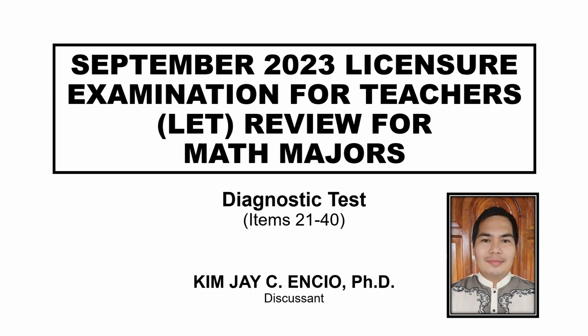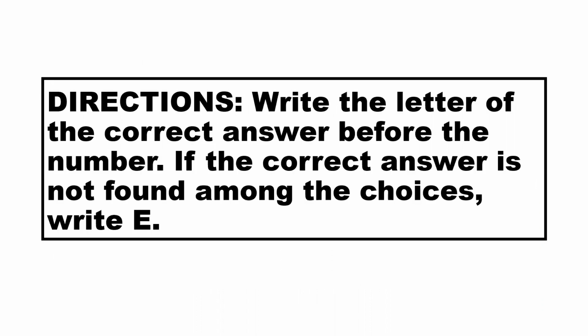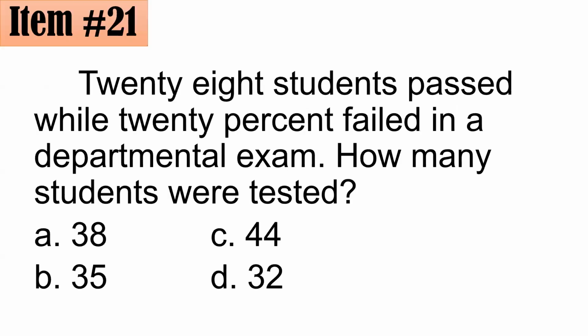Before 21, be reminded that the directions are to write the letter of the correct answer before the number. If the correct answer is not found among the choices, then write E. But for your case, it will translate to shading the option of your choice sa inyong test paper.